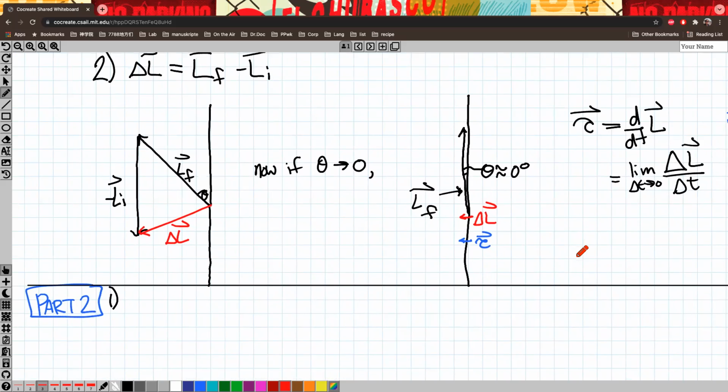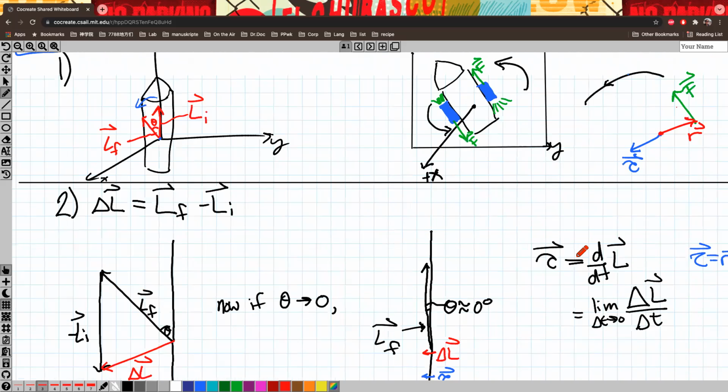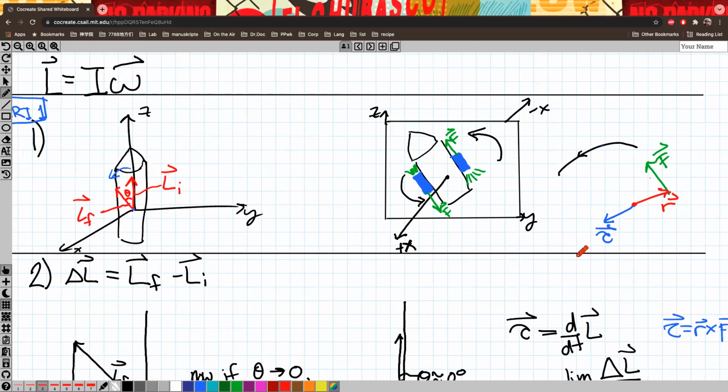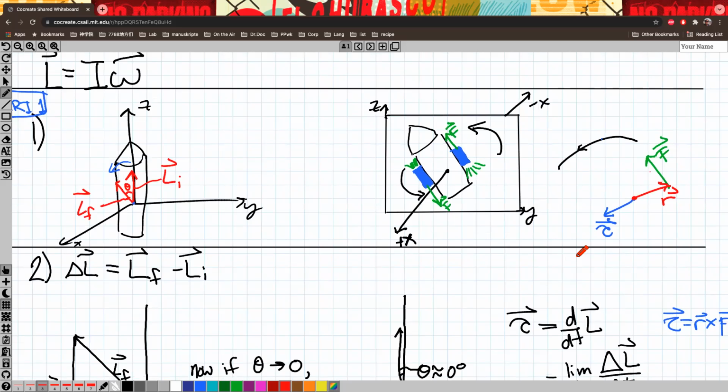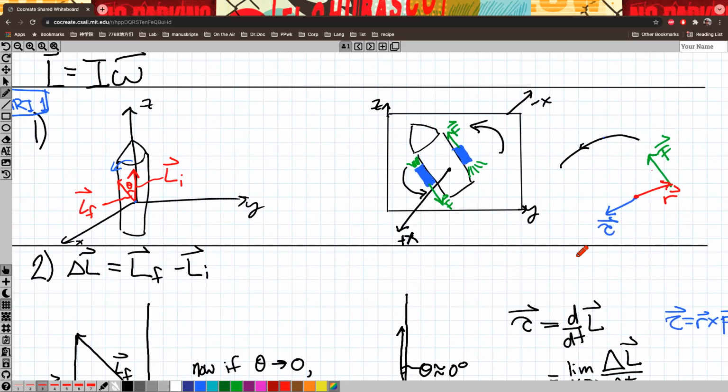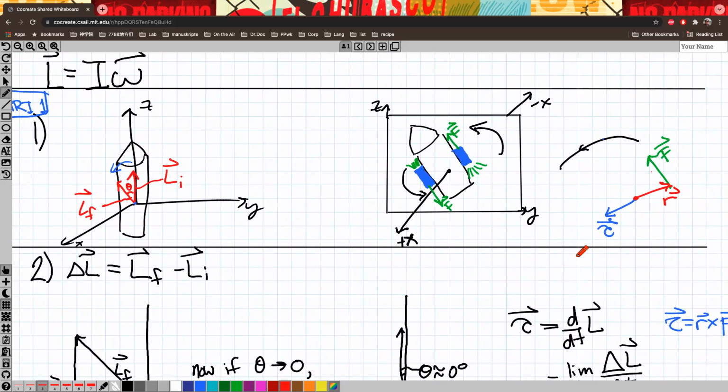And the rocket is spinning counterclockwise, right? Yeah. Counterclockwise in the YZ axis. Okay.